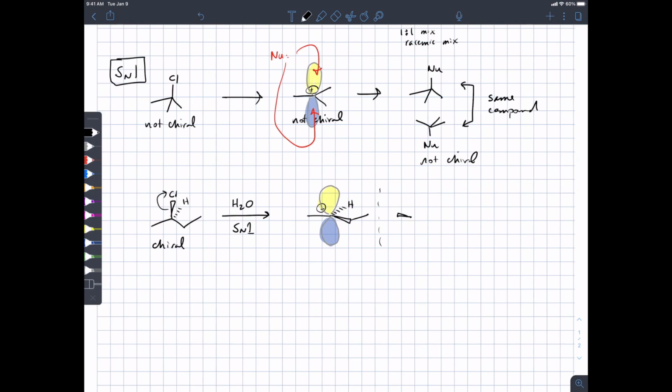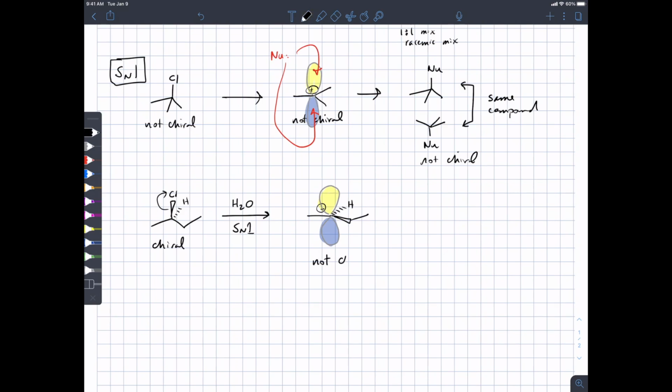Is it the same as its mirror image? It turns out I can flip this thing over, and you actually do have the same thing. So that molecule is actually not chiral because it is the same as its mirror image.